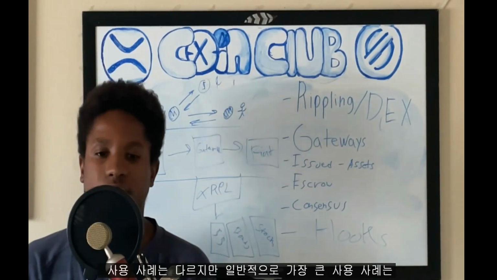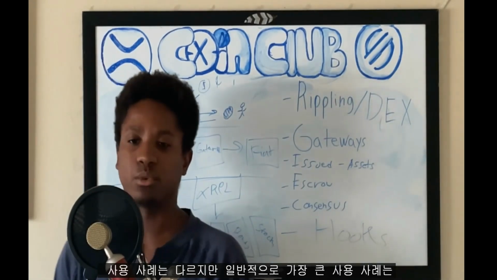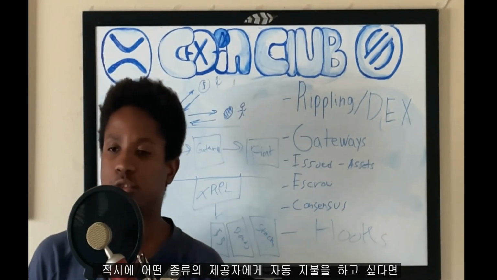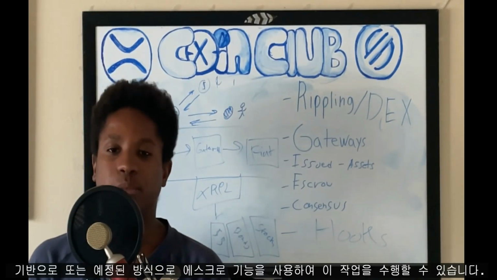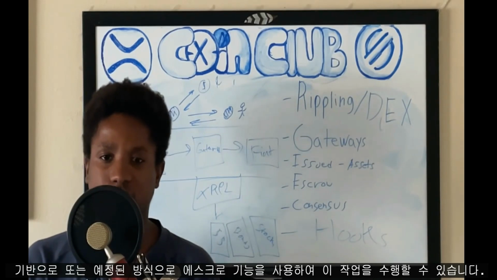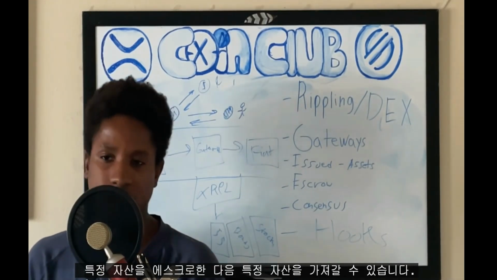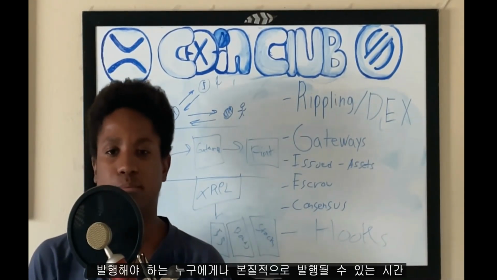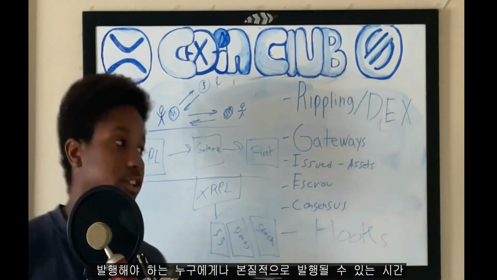This could have a lot of different use cases, but usually the biggest would be if you wanted to make automatic payments to some sort of provider on a timely or scheduled basis. You could do this with the escrow feature by taking certain assets, escrowing them, and then at a given time they can be issued to whoever they need to be issued to.